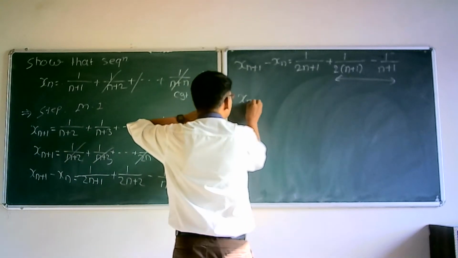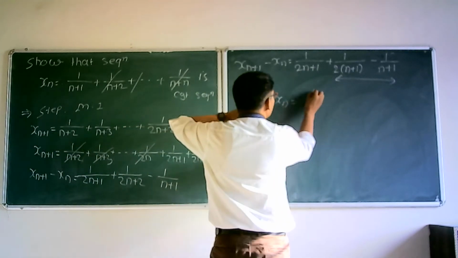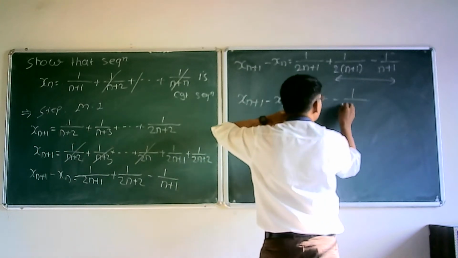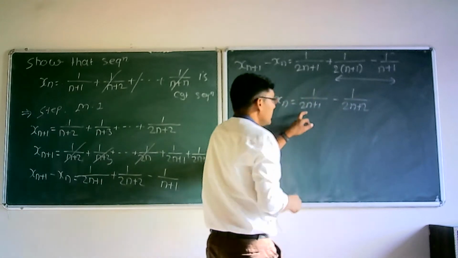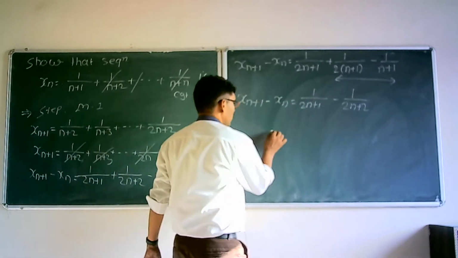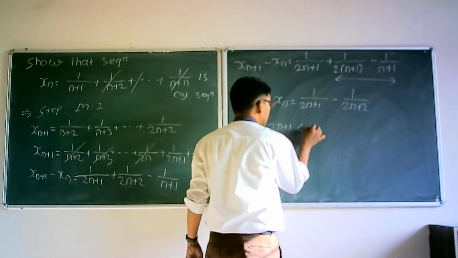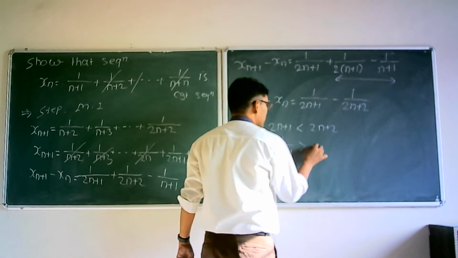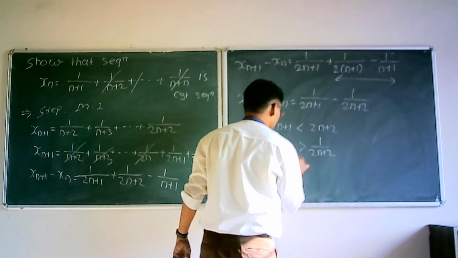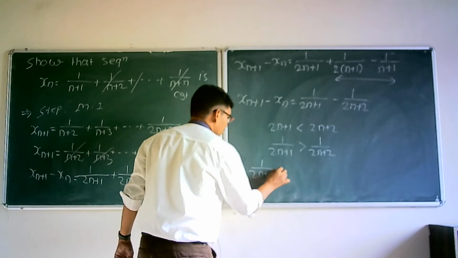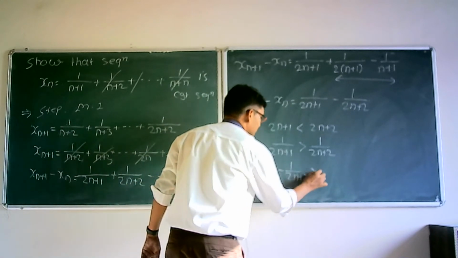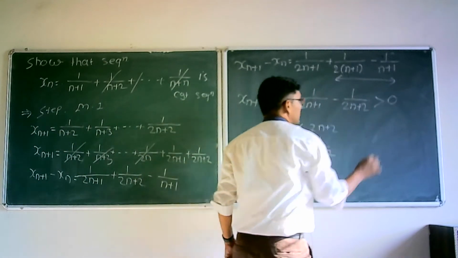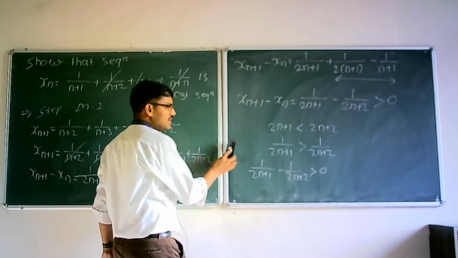So xn plus 1 minus xn is equal to 1 upon twice n plus 1 minus 1 upon twice n plus 2. We know that twice n plus 1 is less than twice n plus 2, and therefore 1 upon twice n plus 1 is greater than 1 upon twice n plus 2, so the difference is greater than 0.